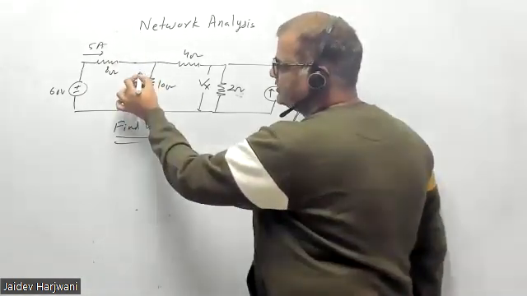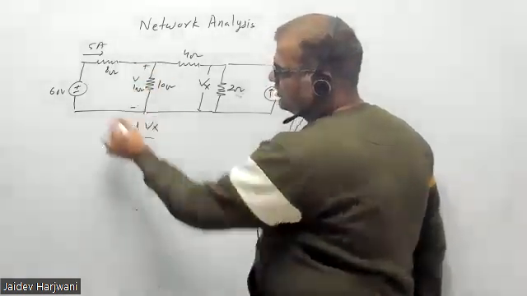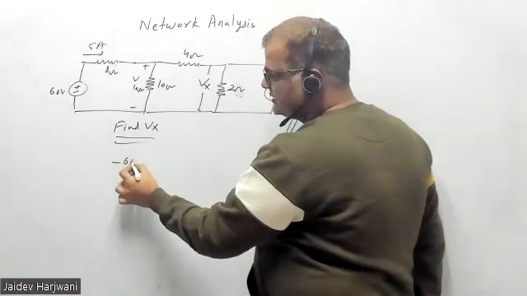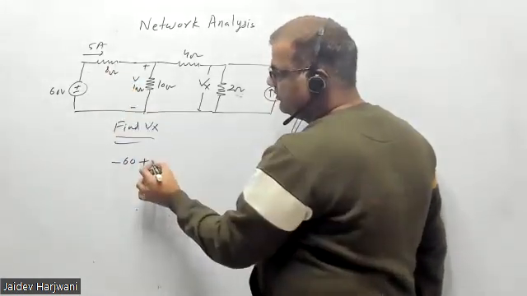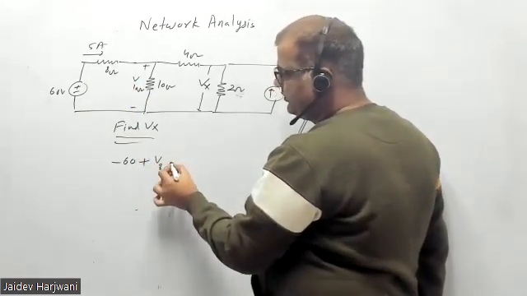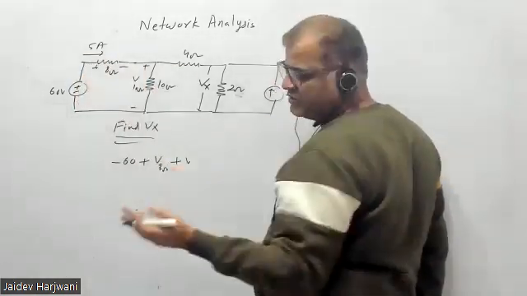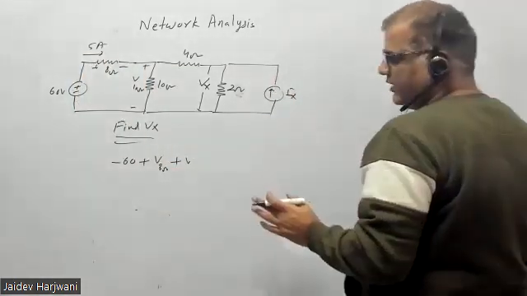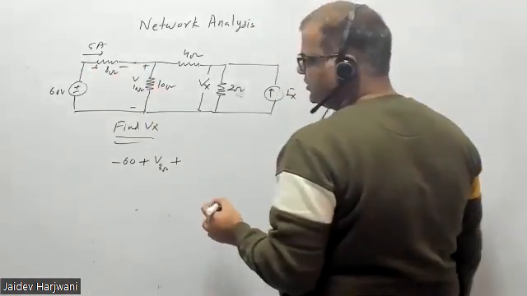So you say this is the voltage across the 10 ohm. Or you apply KCL. So minus 60, plus the voltage drop across 8 ohm. The sign is plus as current is flowing, and you can choose your sign. You always go from higher potential to lower potential.